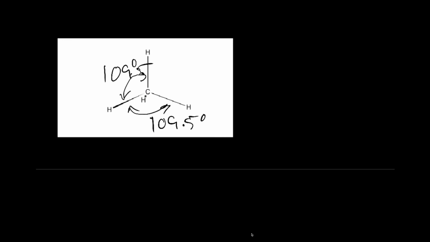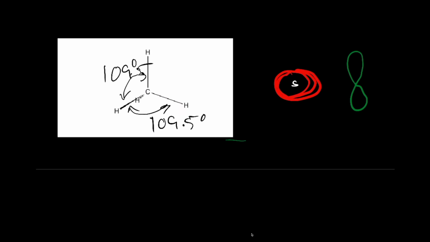So you have to remember back to your orbitals. You've got the big red ball, which doesn't have any angles in it. Anything can go wherever it wants. That's your s orbital. And then carbon, of course, has p electrons, so it has these orbitals that are 90 degrees to each other.